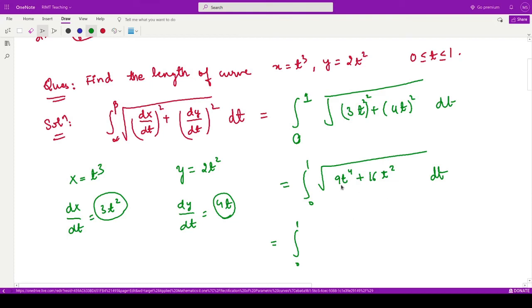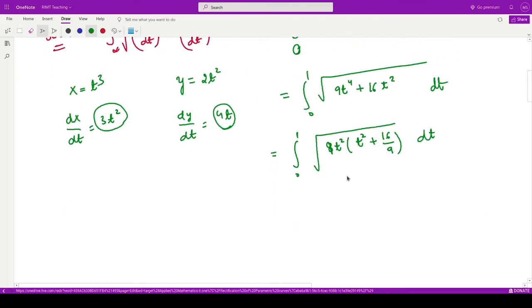You can take 9t square common, so it would be t square plus 16 divided by 9. So this is the quantity that we have. Now we can take this out from the square root, so it would be integration from 0 to 1 of 3t, and within the square root we have t square plus 16 divided by 9, dt.